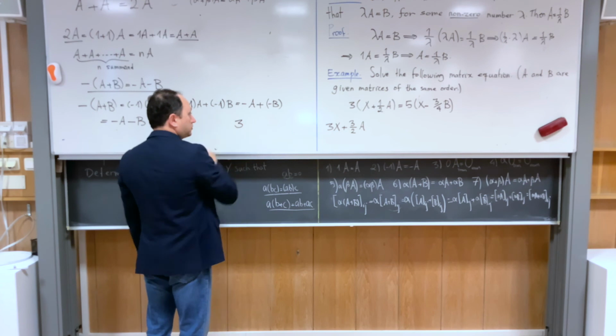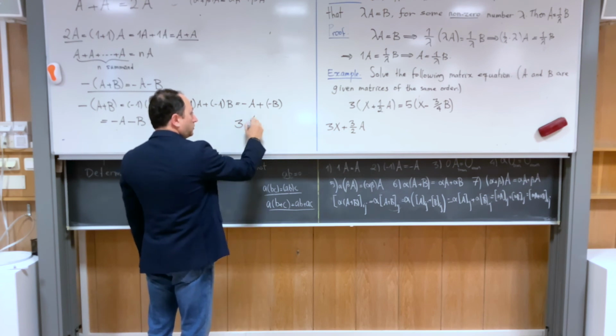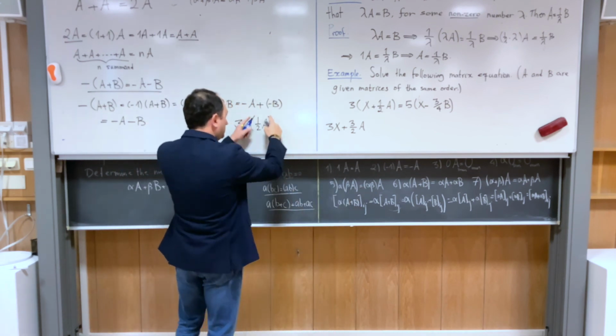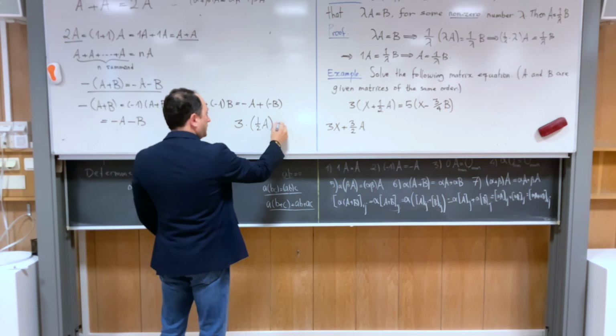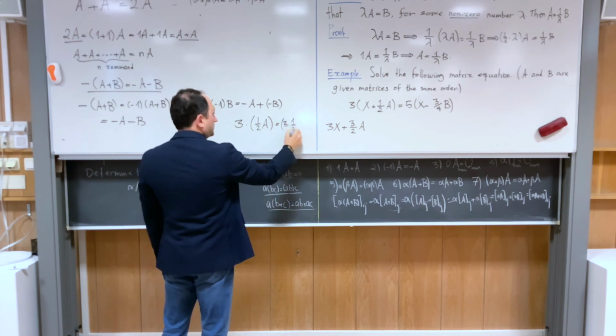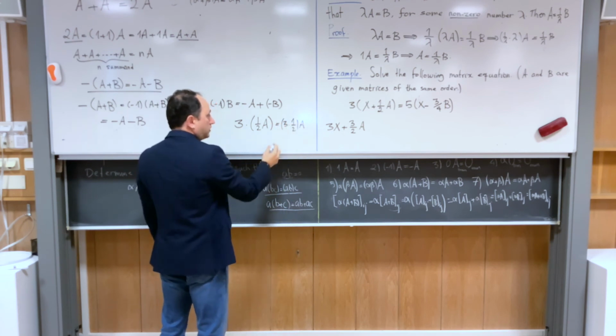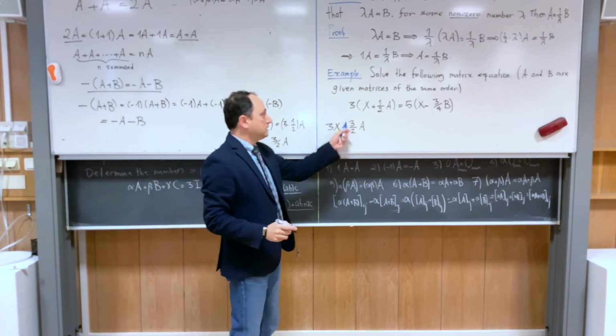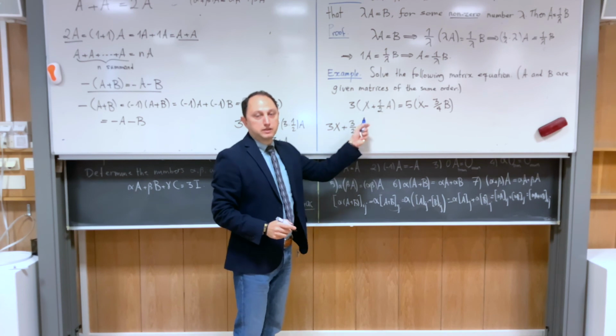I'm multiplying 3 by 1 over 2 A. But then, because of this property, I can remove these pair of brackets and put around this. It becomes 3 times 1 over 2 A. But of course, 3 times 1 over 2 is 3 over 2 times A.